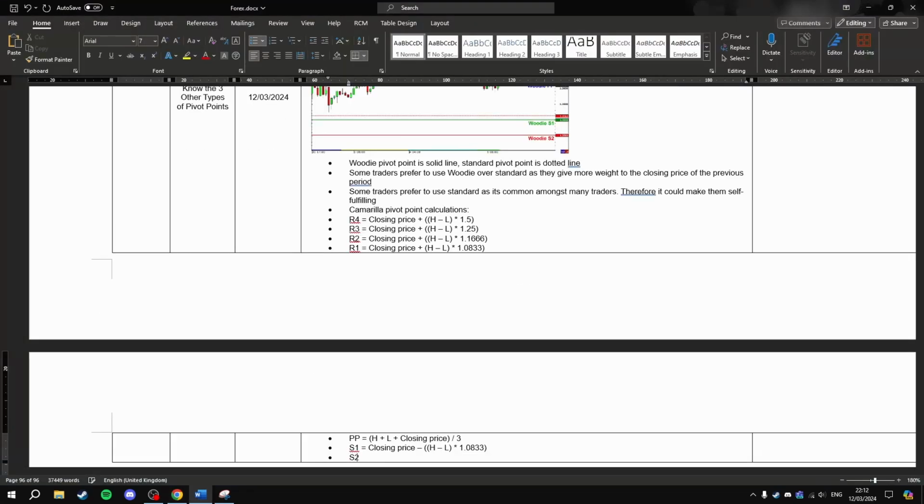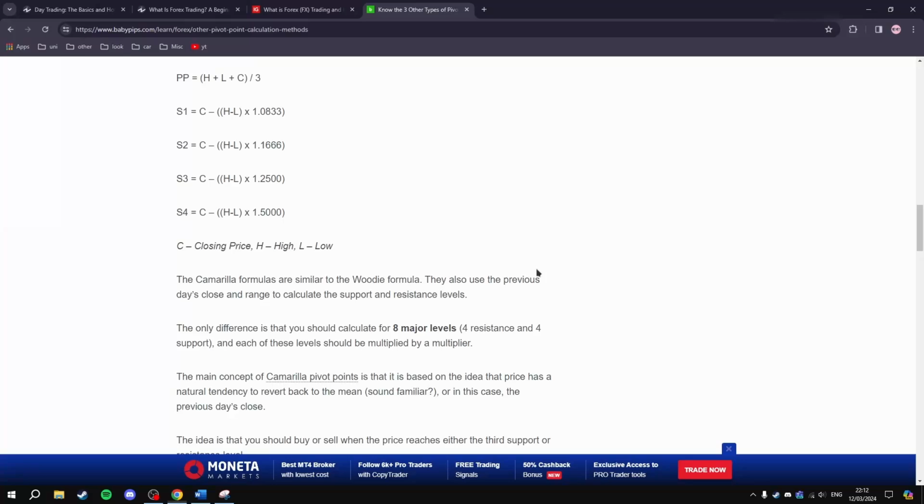Okay, so S2 is equal to closing price minus high minus low times by 1.11236.